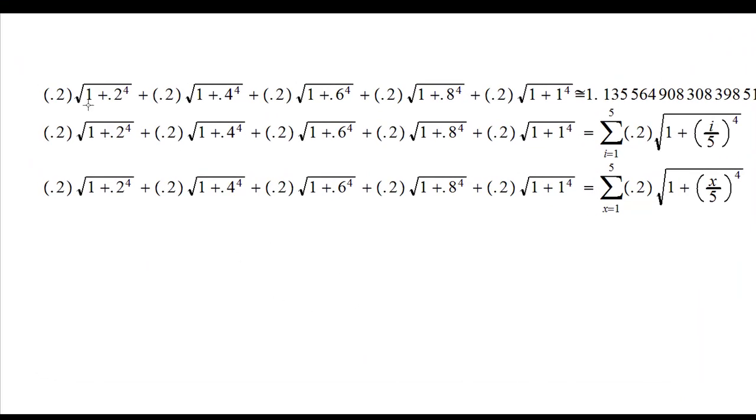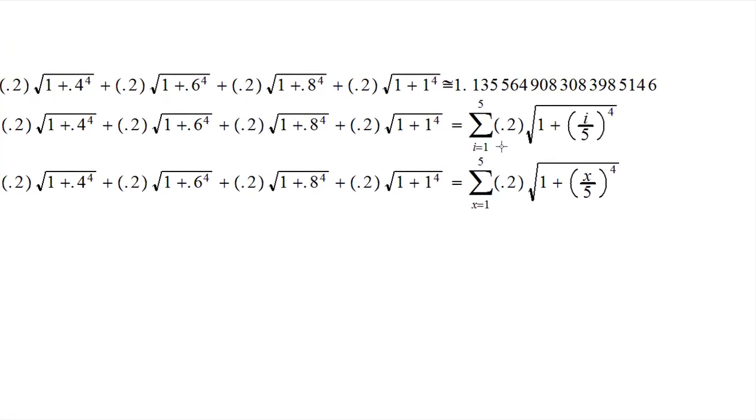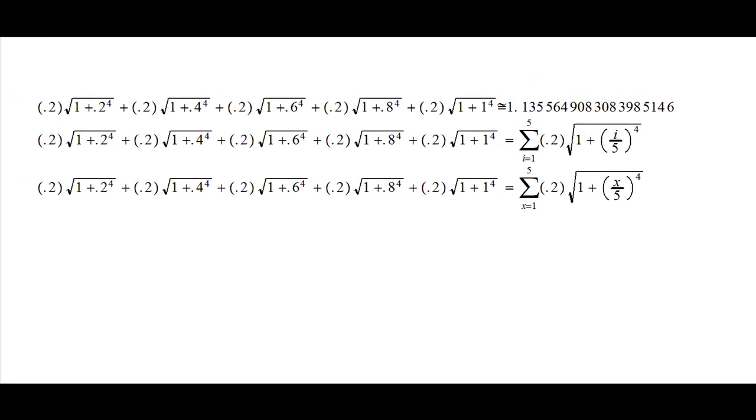Now let's try using our calculator, that is TI-84, to get the sum of these terms. See, what we are doing here is that we got this sum, which we abbreviated using the summation notation. And here I just changed i to x, just because the calculator will take x more conveniently. So what we are doing here is obtaining the sum of 5 terms.